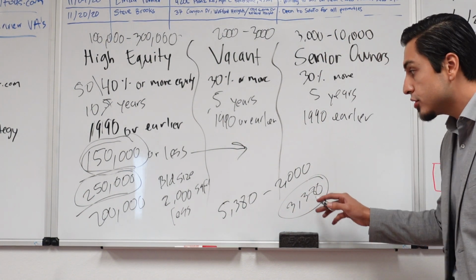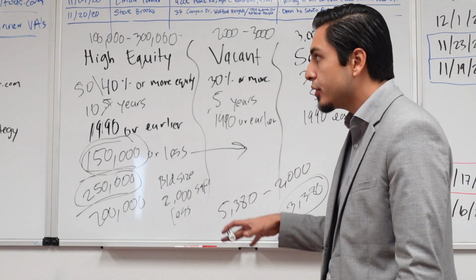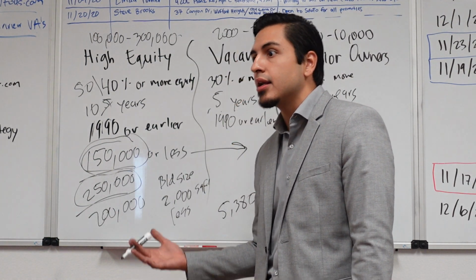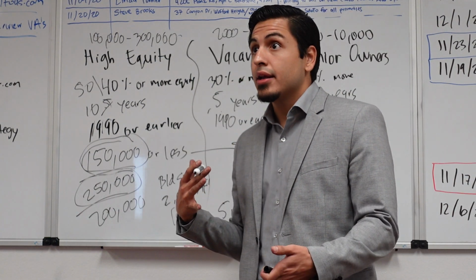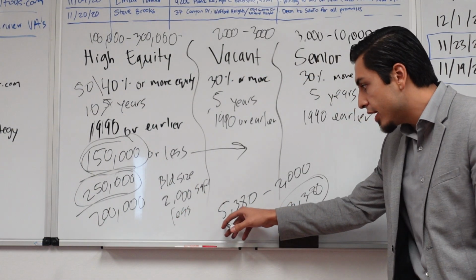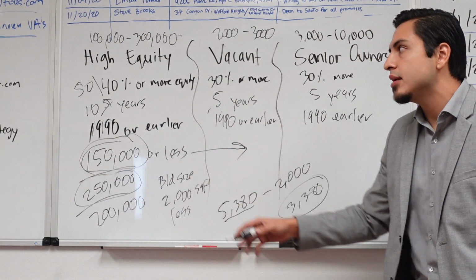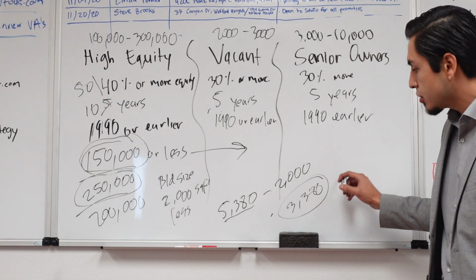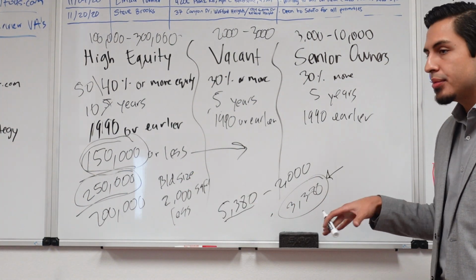If you have 3,380 left, you have to remember next time you go pull this list again. Next time you decide, hey, next week I'm gonna pull a little bit more or whatever, you have to make sure that you're not pulling back the same ones that you pulled. You have to make sure to go start targeting these. You see what I mean?